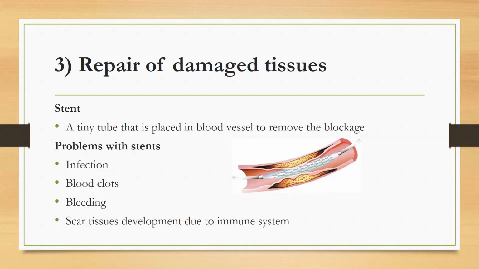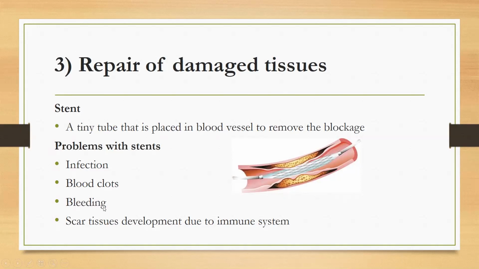We use these stents in order to open up the blood system, and if they are going to develop the blood clots, then this means that they are also leading towards the development of another problem, right? So number three, they can also cause bleeding.